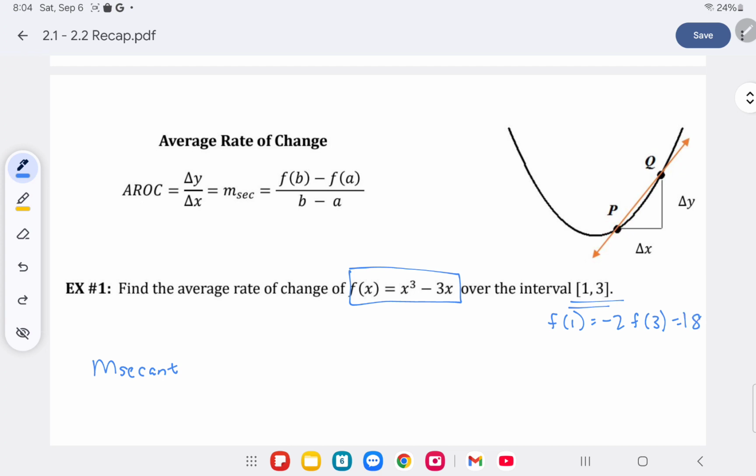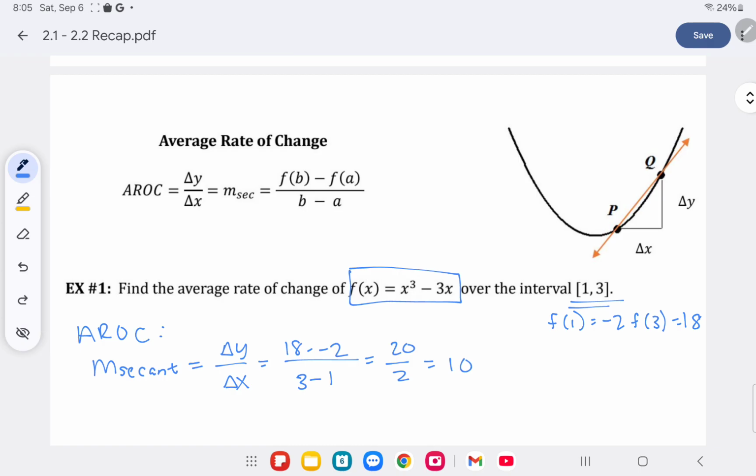We use AROC a lot for average rate of change. The average rate of change is the same thing as the slope of the secant line. So if you were just to draw a straight line between those 2 points, our change in y over our change in x would be 18 minus negative 2 over 3 minus 1, or 20 over 2, which is 10. Our average rate of change between those 2 points is 10.